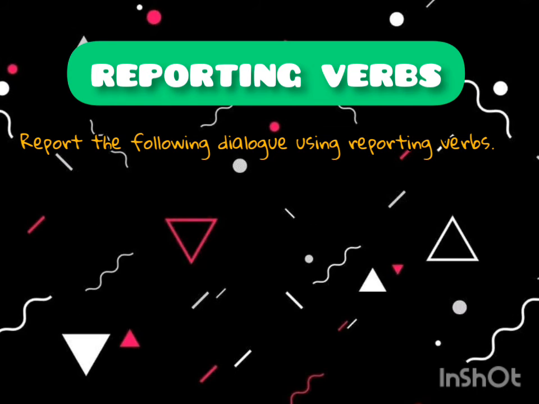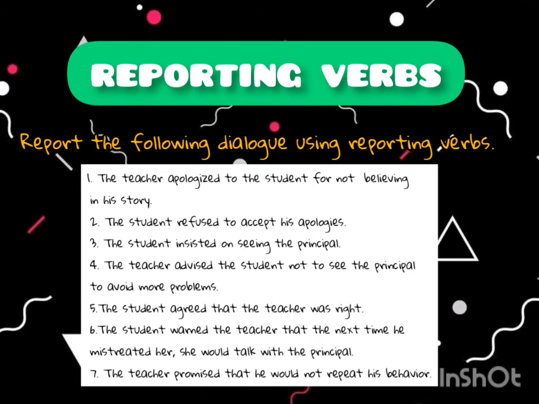Some of the possible answers for this exercise may be: the teacher apologized to the student for not believing in her story. The student refused to accept the apologies. The student insisted on seeing the principal. The teacher advised the student not to see the principal to avoid problems.